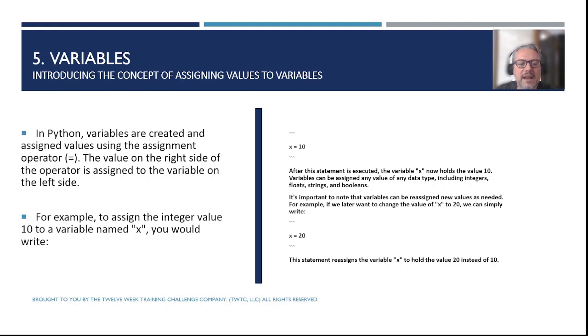Variables can be assigned any value of any data type, including integers, floats, strings, and booleans. It's important to note that variables can be reassigned to new values as needed. For example, later down in the code, if we want to change the value of x to 20, we would simply write x equals 20. The statement reassigns the variable x to hold the value of 20 instead of 10.